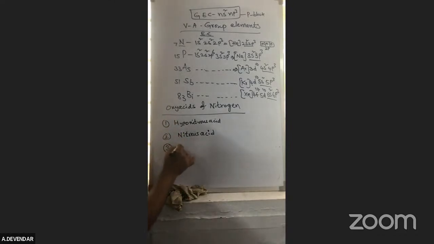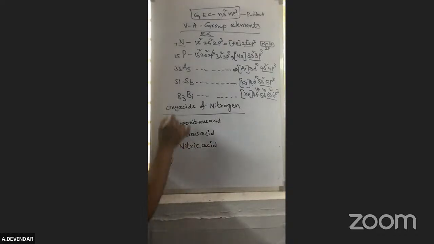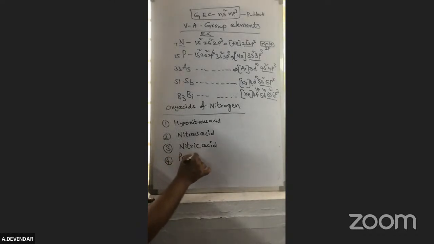Third one, nitric acid, which you are already familiar with. Last one among the oxyacids of nitrogen is pernitric acid. Just remember these words. Next, you can write the formulas.